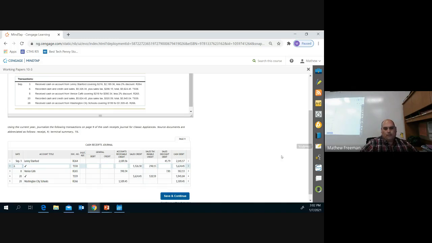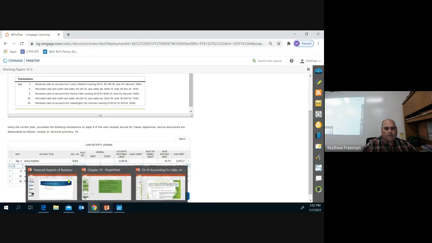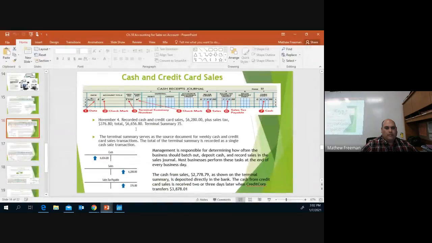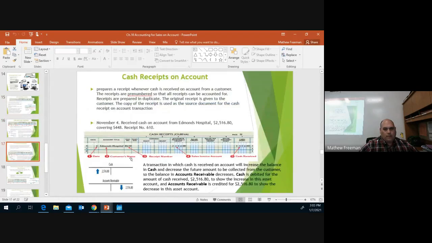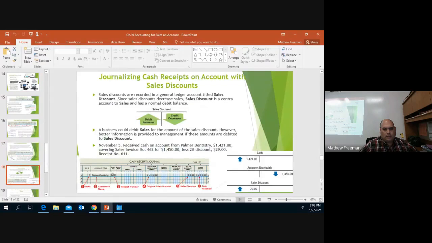Sixth. And if we go back and check, we can look at our PowerPoint. Okay, we got a check mark on the cash credits on our account titles. We have the title, the customer's name when we're doing the cash receipts. Right here, cash receipts on account.